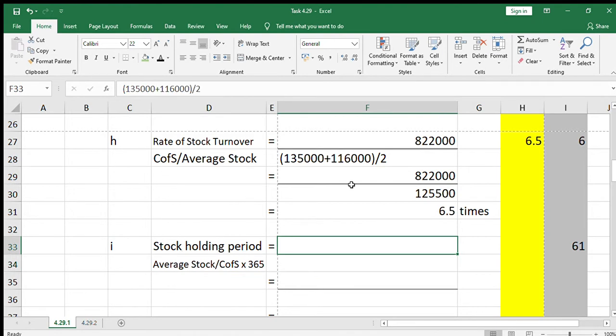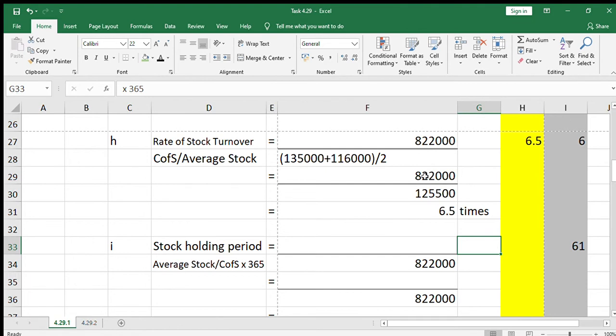Okay, so average stock, we can use the same answer that we had up there. The cost of sales is 822,000, right? So we already calculated that.